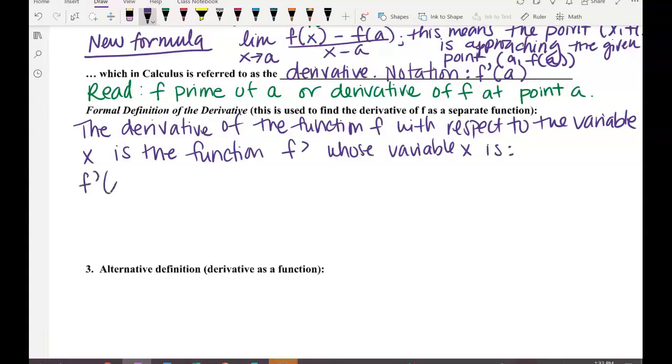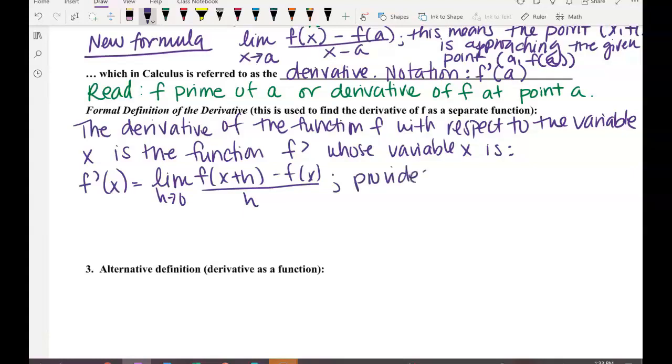F prime of x equals the limit as h approaches 0 of f of x plus h minus f of x all over h. We have seen that before, would you agree?